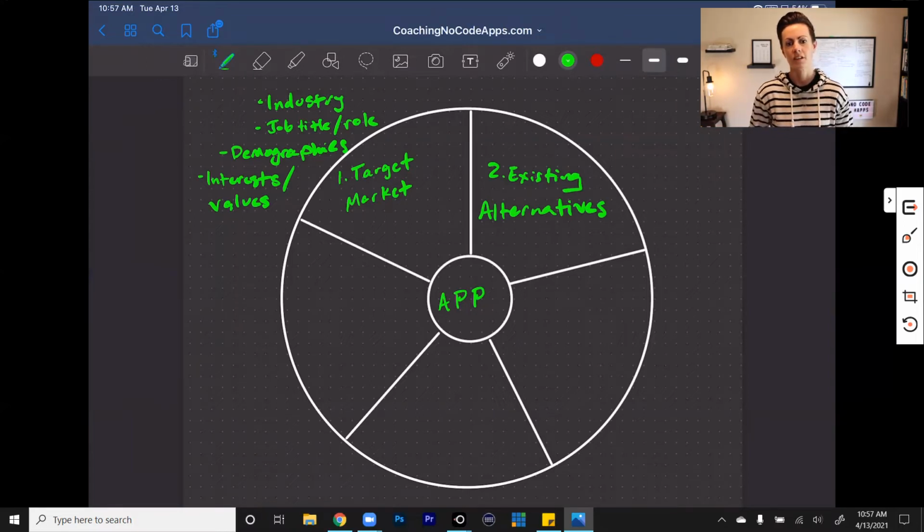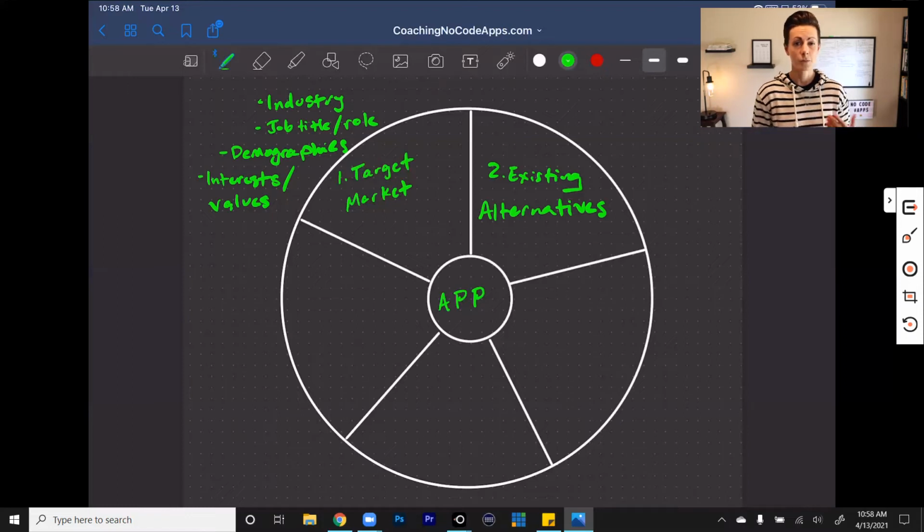There can be lots of different existing alternatives, but whether that comes in the form of an app or something different, by having existing alternatives out there, that serves as really easy validation that the problem your app is solving actually needs to be solved, right? If there are other processes, apps, tools, even positions within companies that are dedicated to solving this problem, then that's good validation.